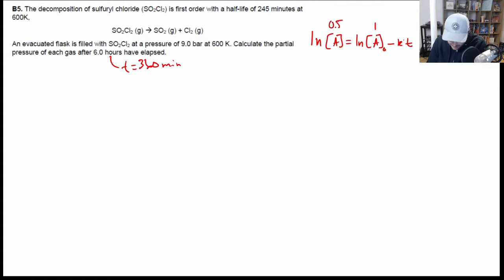The next question becomes what the relationship is with k. So if we take the natural log, let me just do the math. The natural log of 0.5 is negative 0.6931, which is equal to the natural log of 1, which is 0, which makes sense, minus kt.